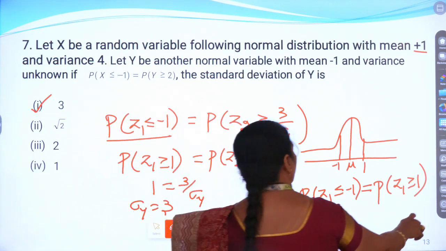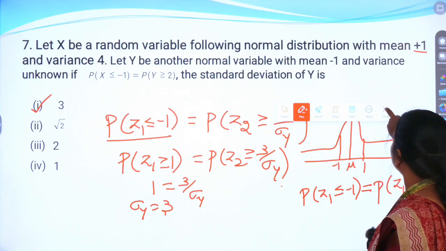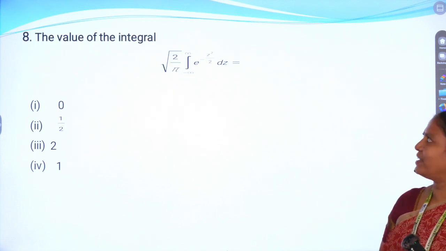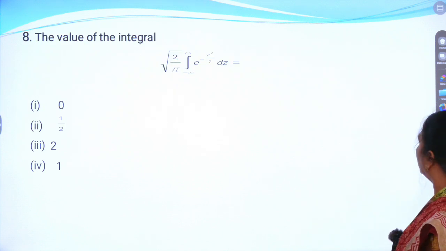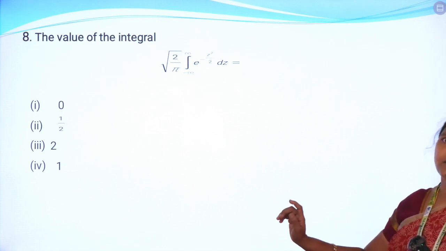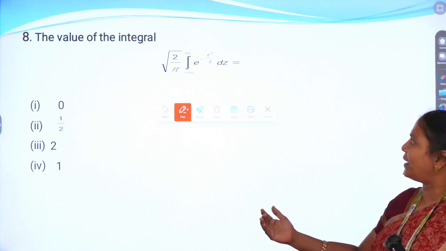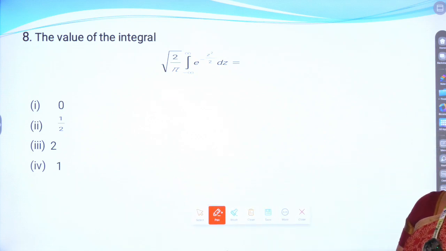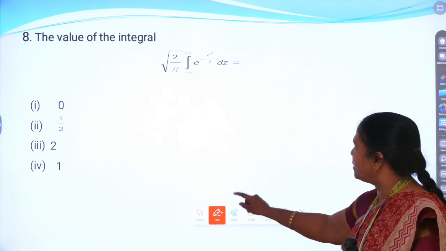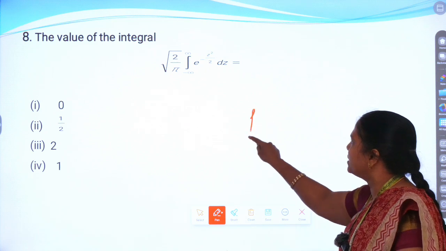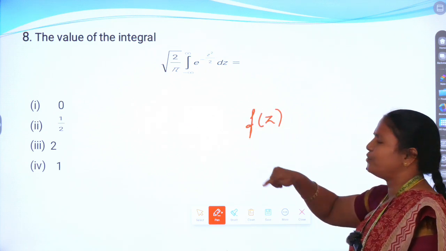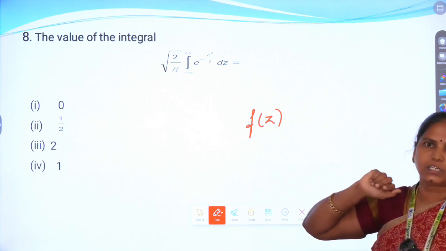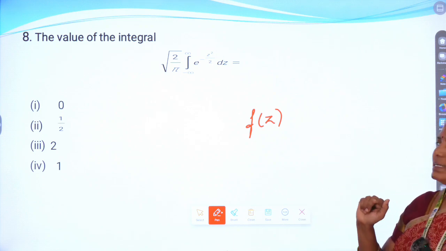The last problem we are going to see in normal distribution is just to find a value. What is given here? On seeing this itself, we can identify that the given is the standard normal distribution. What is the PDF of the standard normal distribution? We transform the normal distribution into the standard normal distribution by substituting z equal to x minus mu by sigma.